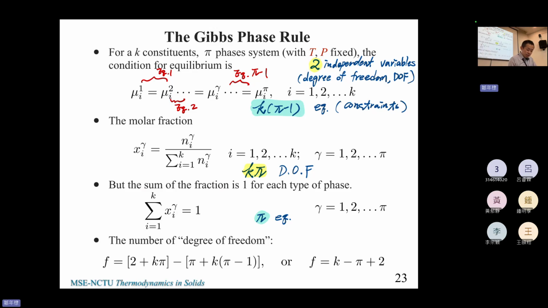Then you see that the number of degrees of freedom is 2 plus K pi, and the blue one is pi plus K times (pi minus 1). Sum that together, you can get F equal to K minus pi plus 2. So that's the result. This is the phase rule, and you will apply it on the next page and see what happens.